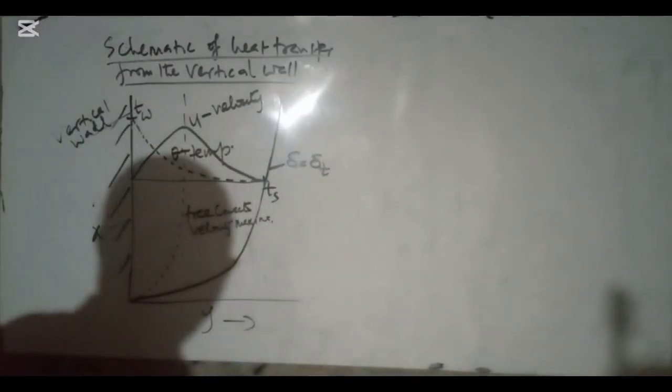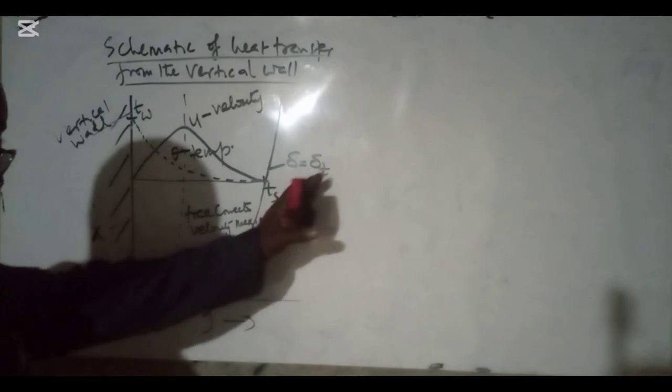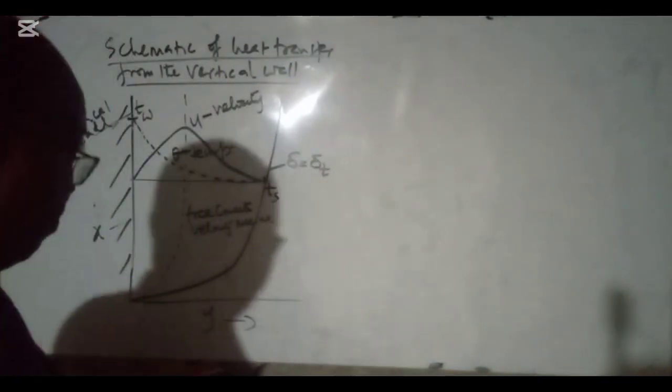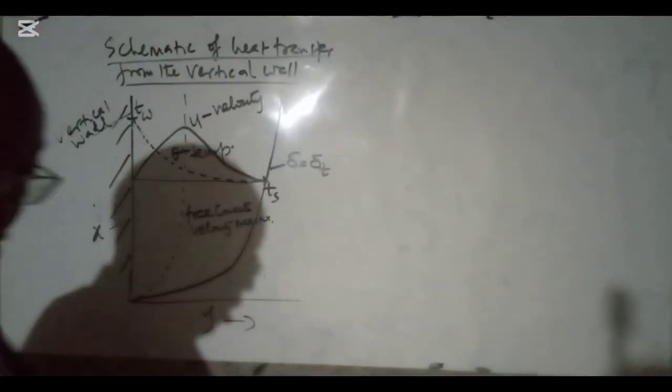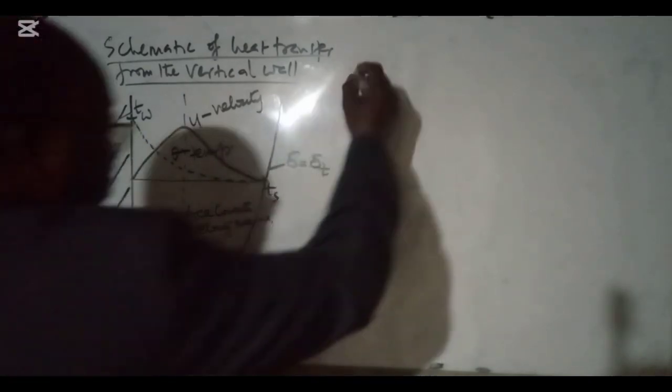There has been an empirical relationship, a combination of empirical and theoretical derivations, which has been able to compute the thickness of the boundary layer.